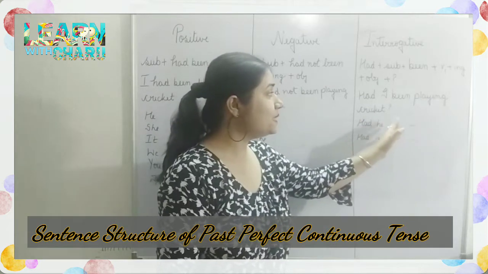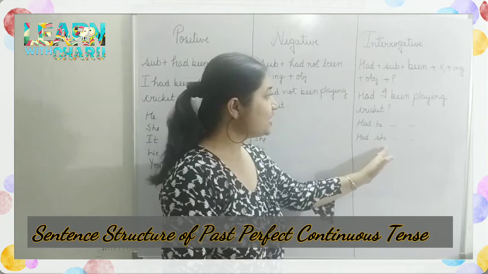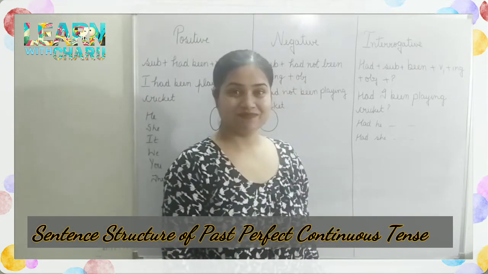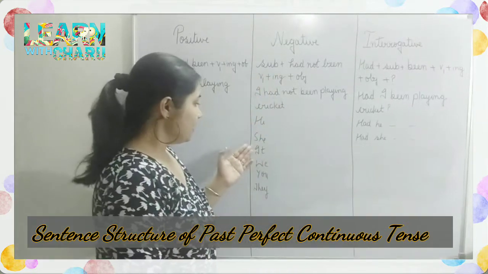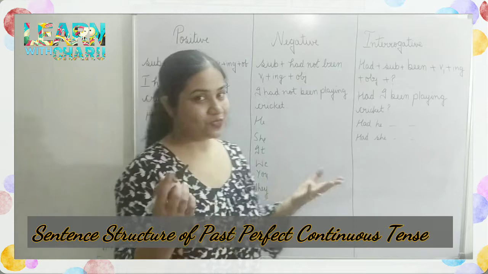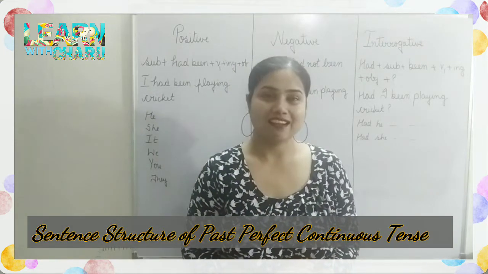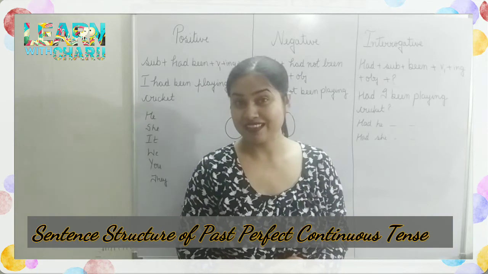Had he been playing cricket? Had she been playing cricket? Now for the rest of the subjects like it, we, you, they, make sentences yourself and write down your answers in the comment section. It is very easy.